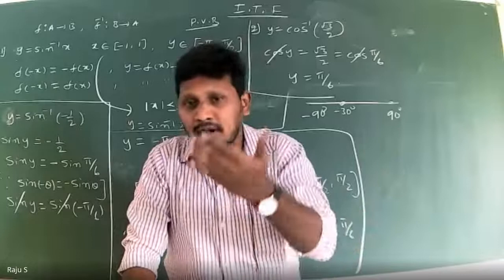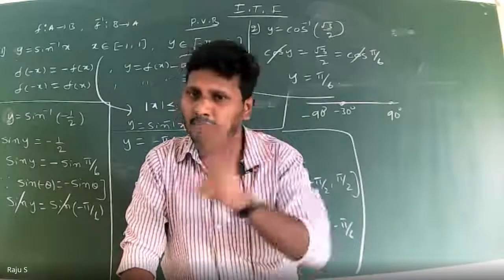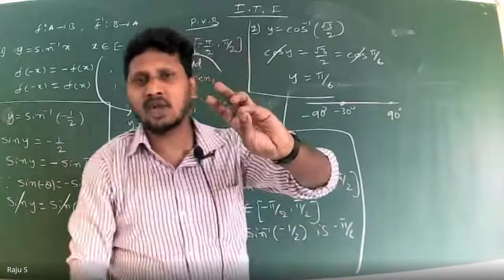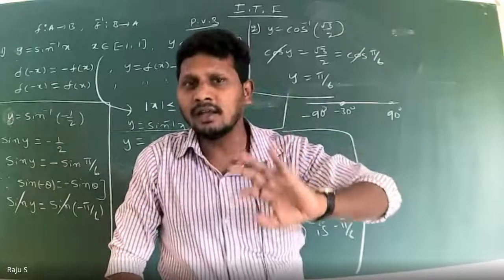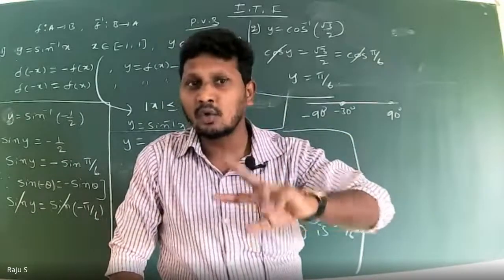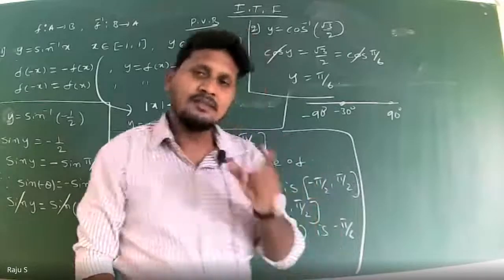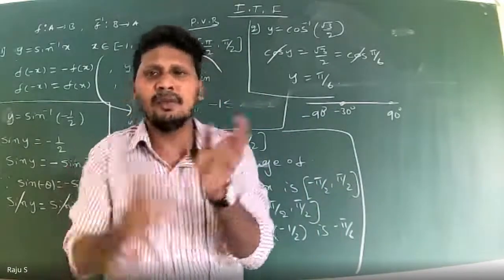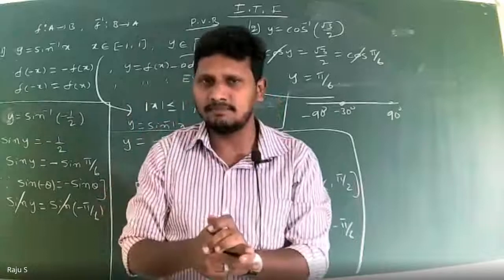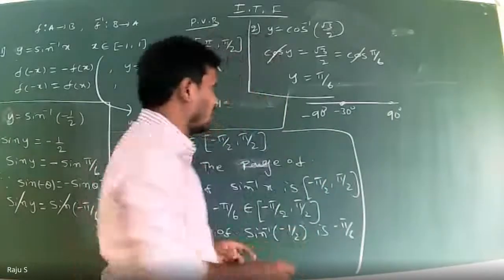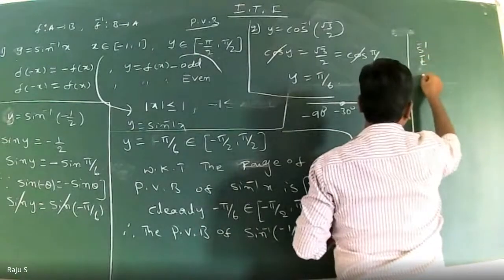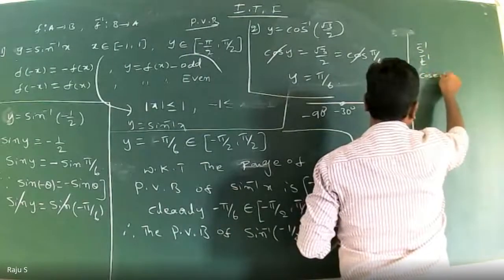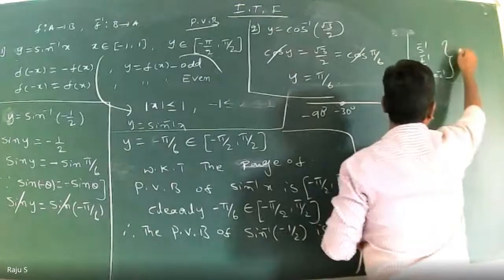Then what about the remaining functions? You should remember the remaining functions also. Remember the shortcut: sine inverse, tan inverse, and what about the other? Cosecant inverse. Sine inverse, tan inverse, cosecant inverse will be minus pi by 2 to plus pi by 2.